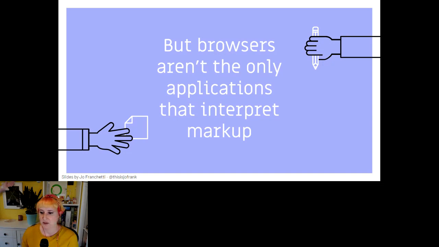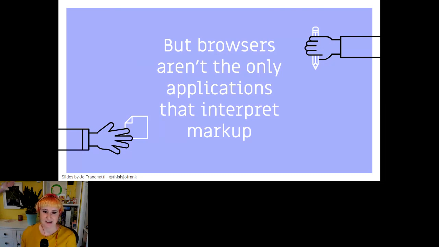They might be using, for example, a screen reader, which will read out the text to them instead of displaying it visually. And this means that your markup needs to indicate to them what the layout of the page is without them being able to even see it.